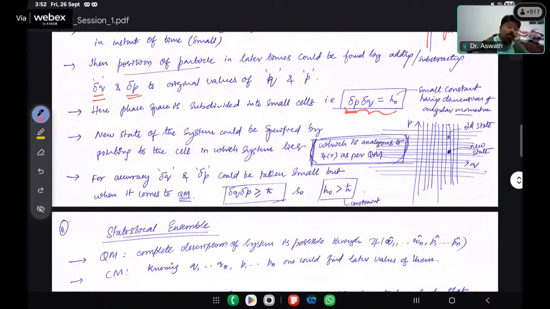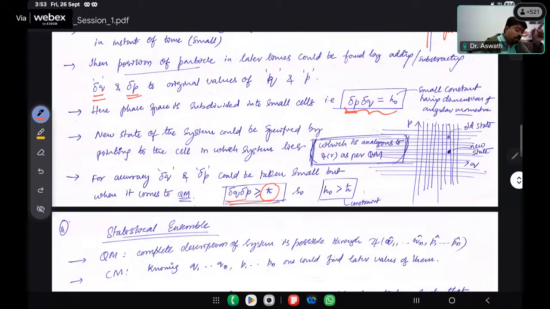But when it comes to quantum mechanics, the Heisenberg uncertainty principle always comes into play. It says you can't have a precise measurement of position and momentum beyond Planck's constant value. So you always have a limitation.